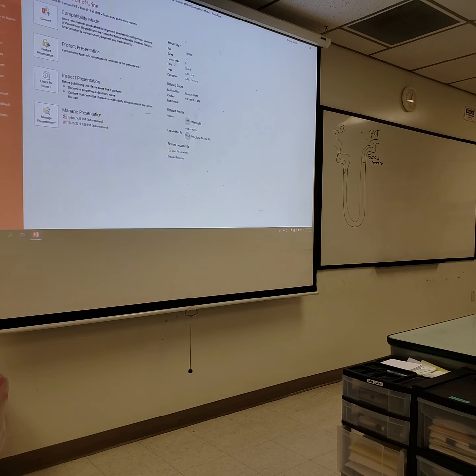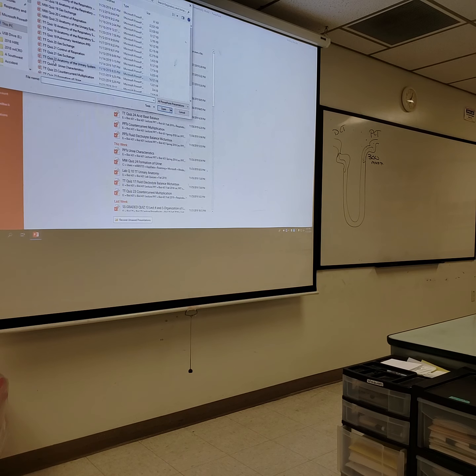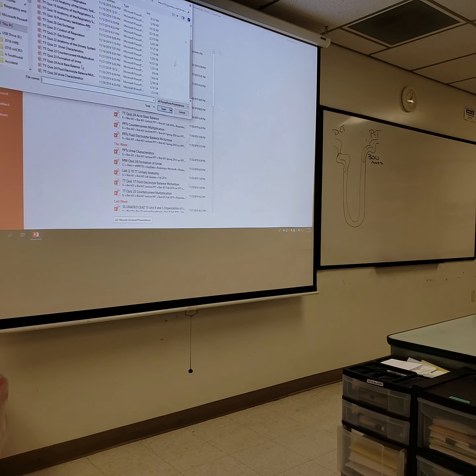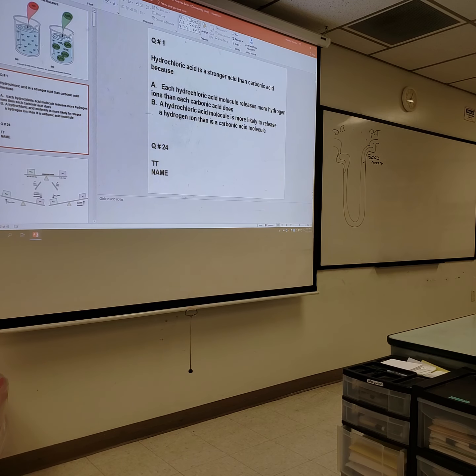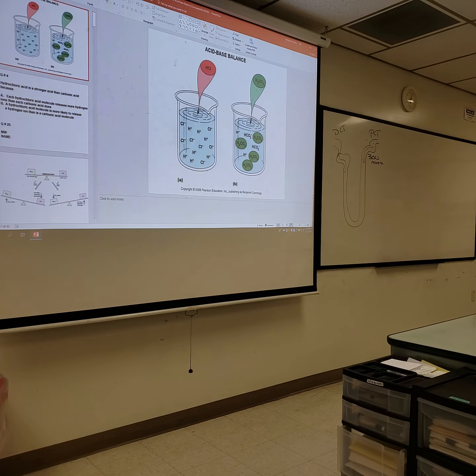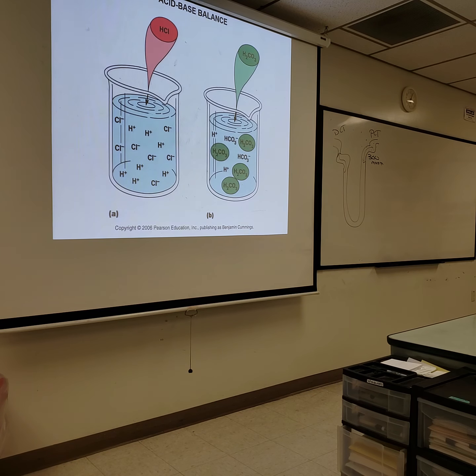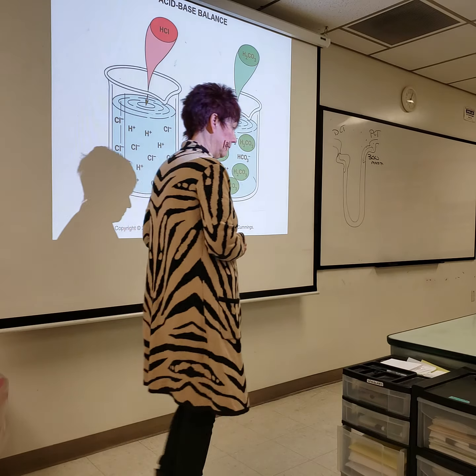Alright, so we're ready to look at acid base. So here we have two beakers.